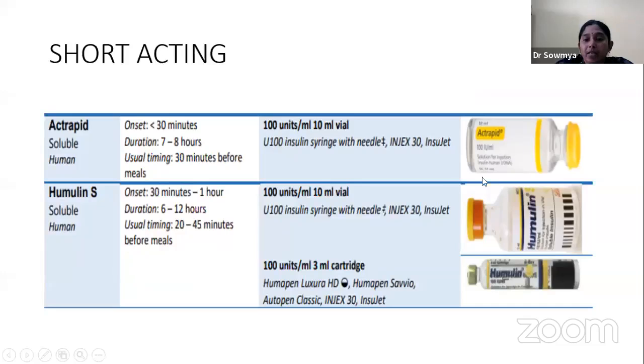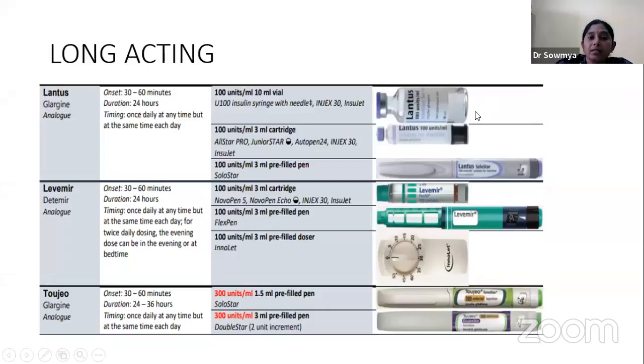This is available as vials as well as cartridge. Coming to the long acting, as I said, glargine is the Lantus which we generally use, and the onset is around 1 hour and the duration is around 24 hours. Whatever the long-acting insulin, we have to give it once daily at any time, but at the same time each day. So these are the various delivery systems.